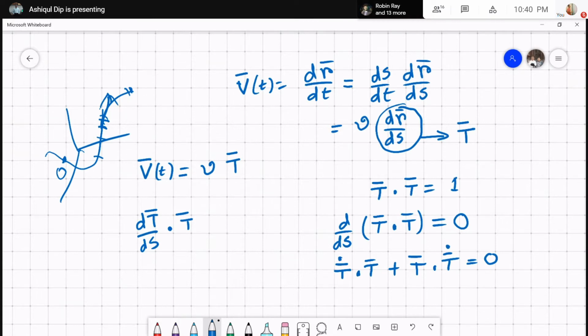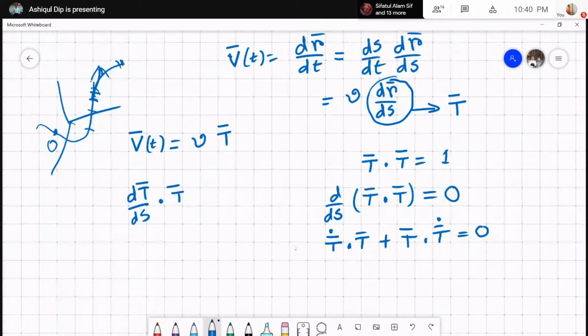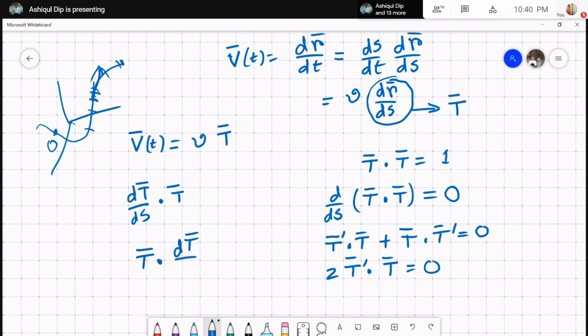Dot product is commutative. Remember, I should not write it as a dot; I should write it as a prime, because we are taking the derivative with respect to s, not t. So since the dot product is commutative, it means t and dt over ds are orthogonal, right?